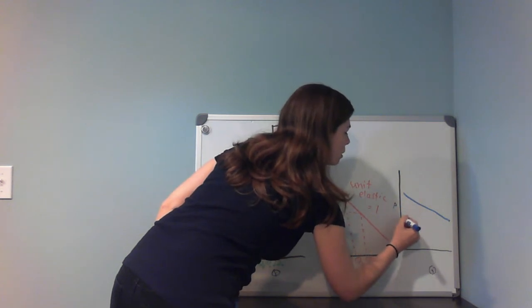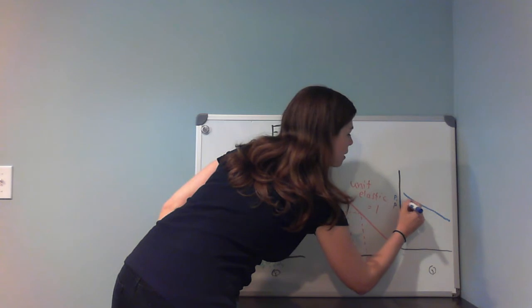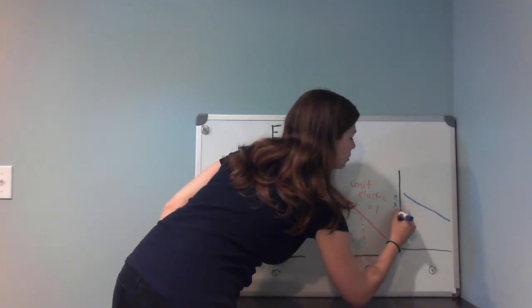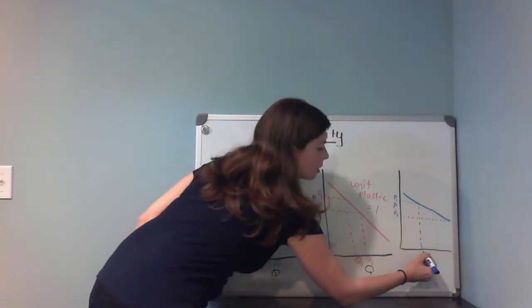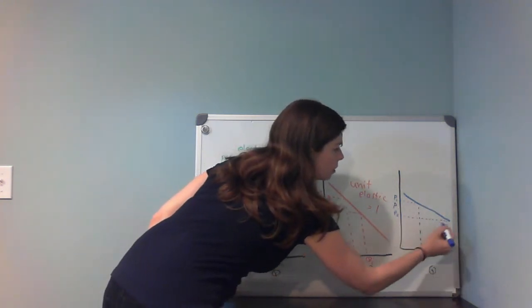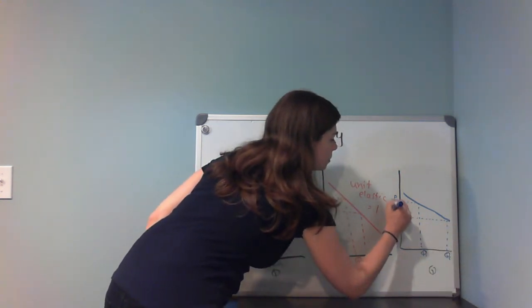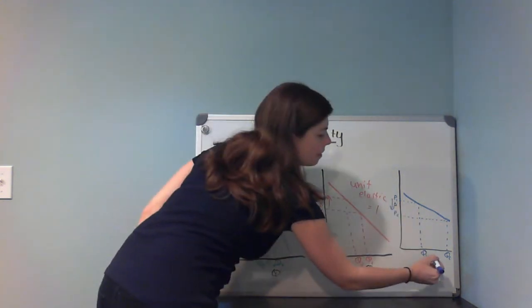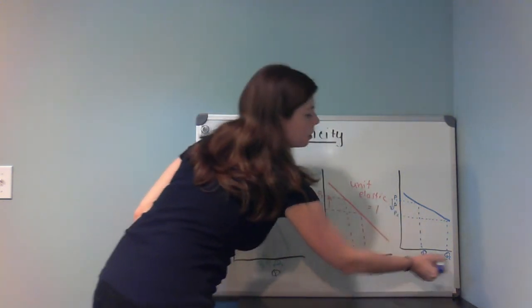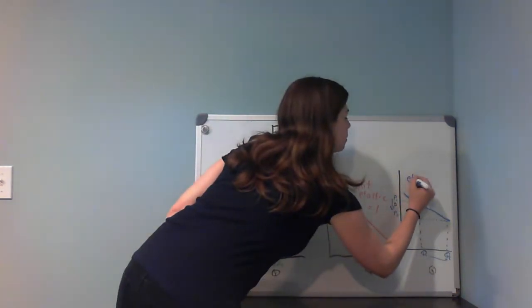So a price change causes a dramatic or relatively dramatic change in consumption. So you can see, I'll get out of your way. Went from P1 to P2, you went down by that much, and you can see that the quantity was a much bigger shift.